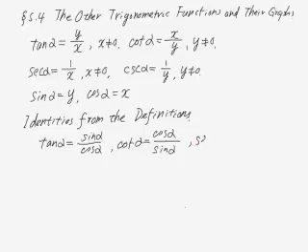And then you have the secant alpha, which is equal to 1 over x. So x is equal to cosine alpha. So the secant alpha is equal to 1 over cosine alpha. Then the last one, cosecant alpha is equal to 1 over y, and y is equal to sine alpha.